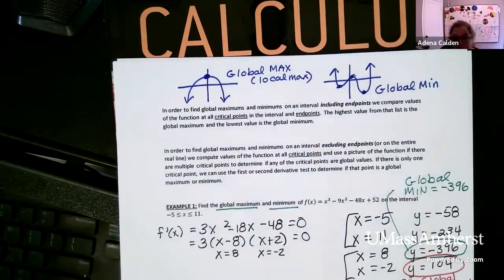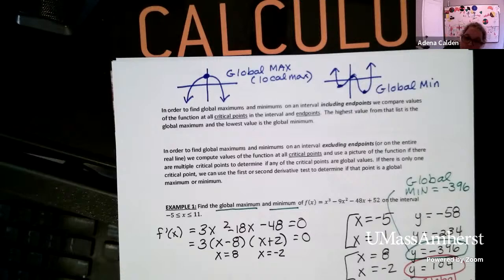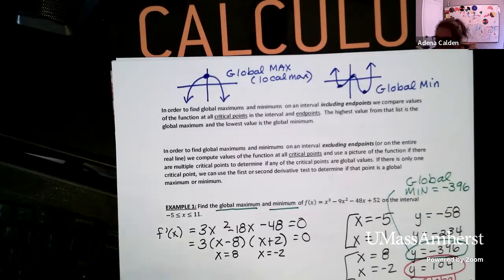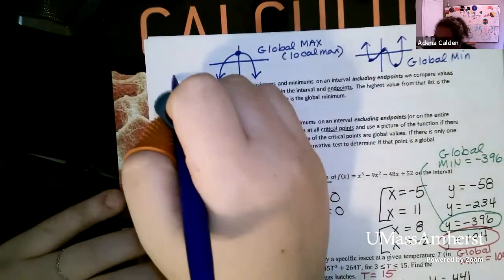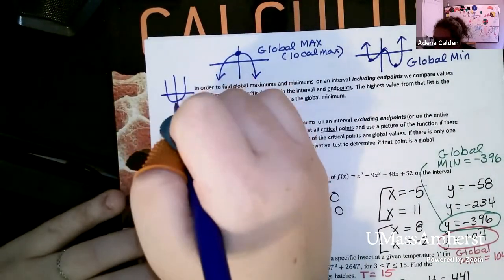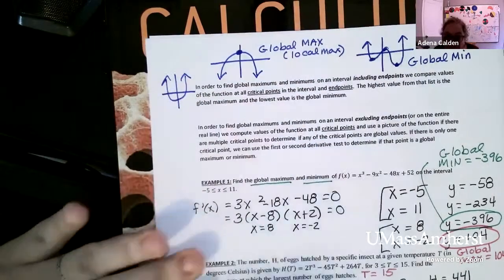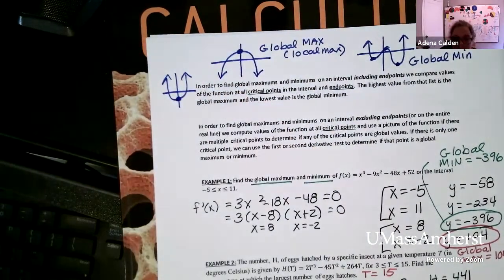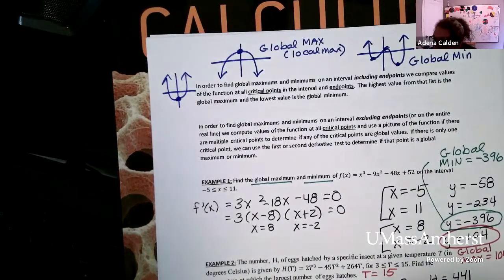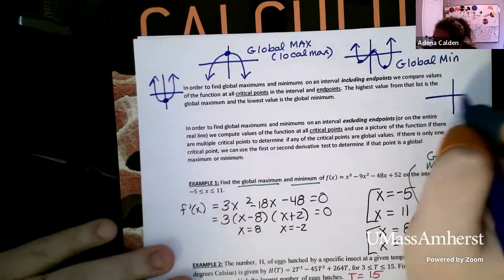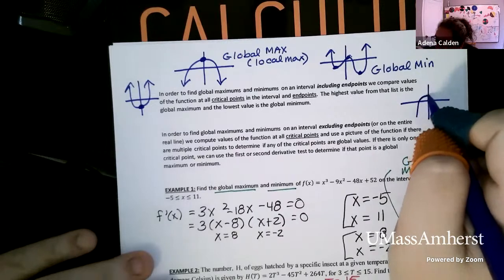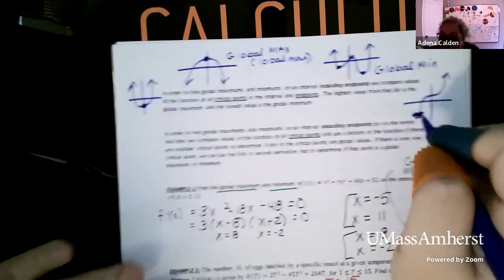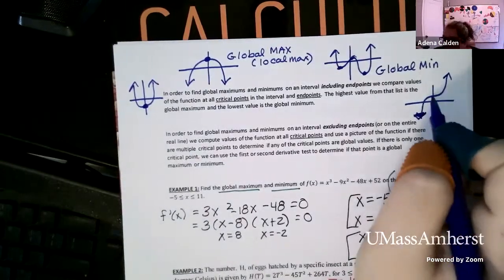Okay, so if there's one critical point, you can use the test that we had before to figure out, is it a max or a min, right? If we had something that was sort of the opposite, right? We have a global min, also a local min, right? In the weird case that it's neither, right? It's going to flatten out, look like this. And so if we use one of our tests from before, we would still get neither.